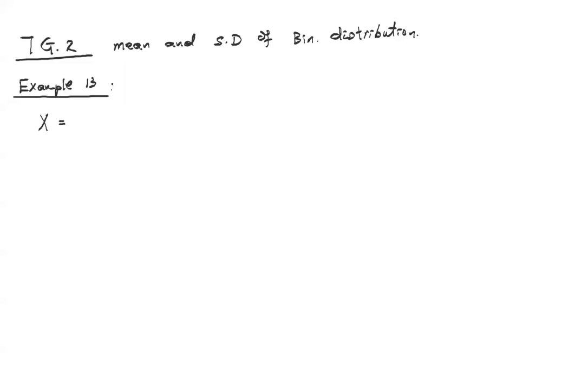Okay, so I have to write down my X instead of just following the book, because the book says a fair dice is rolled 12 times.